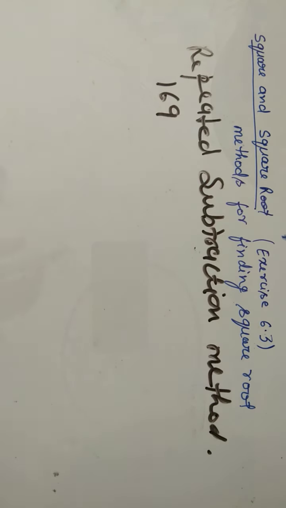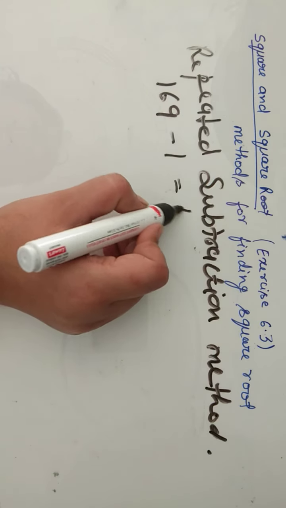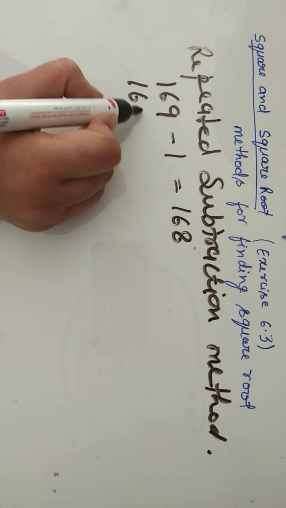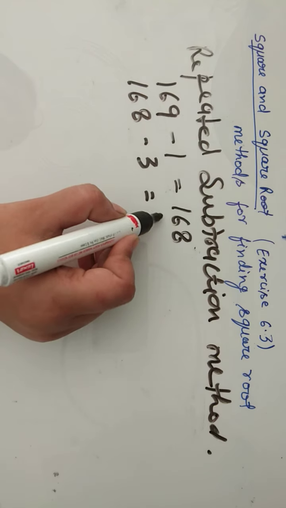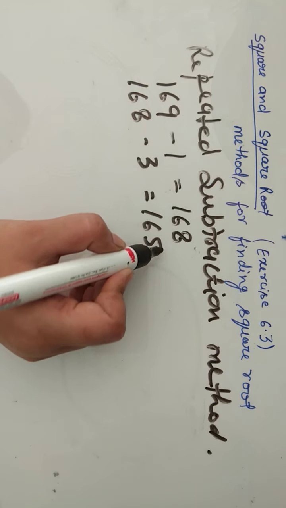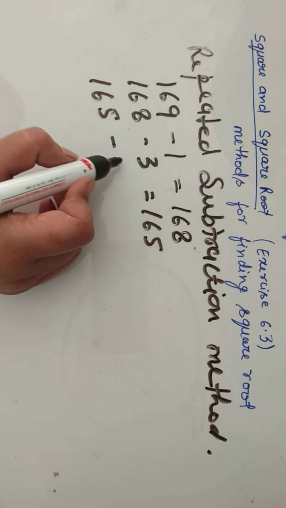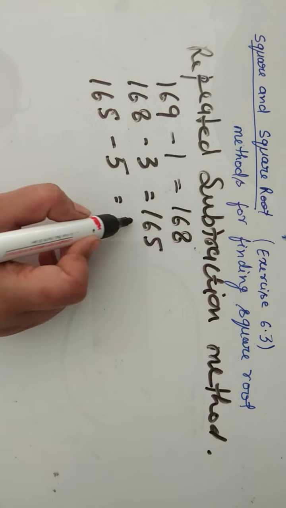First of all, we will subtract 1. When we subtract 1, the result we get is 168. Then after 1, we subtract 3 and we get 165. Then we subtract 5 and we get 160.